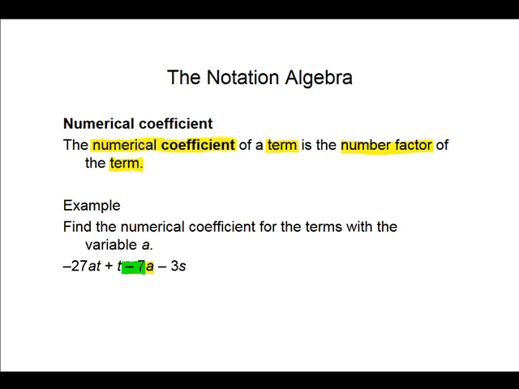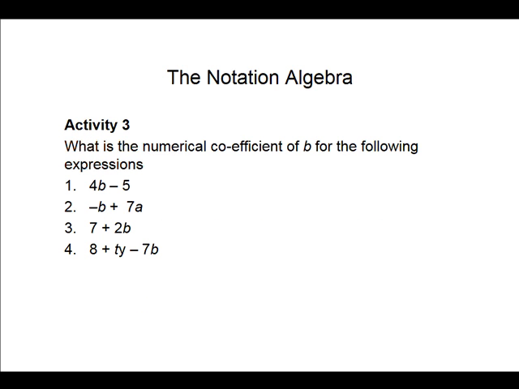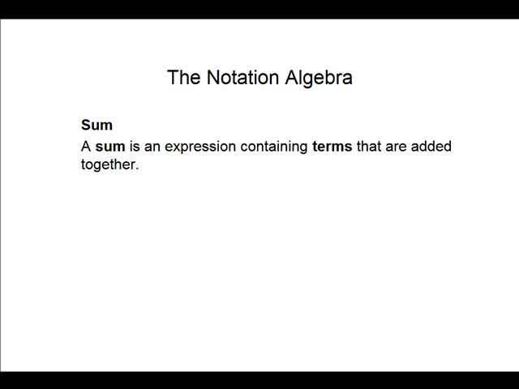So the numerical part in this case here for that one would be -7. Here's an activity. See whether you identify the numerical coefficient of the following questions.